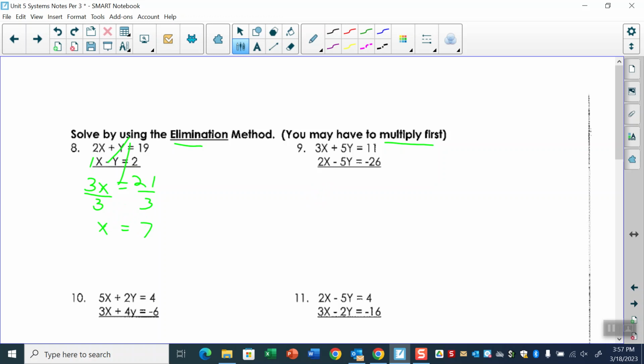Then you could put the two equations into Desmos to get your y coordinate. You could also substitute if you wanted. I could put 7 in here for x, so 7 minus y equals 2. So -y equals -5, so y equals 5. That means my x coordinate is 7 and my y coordinate is 5.